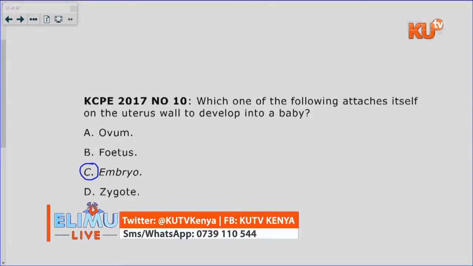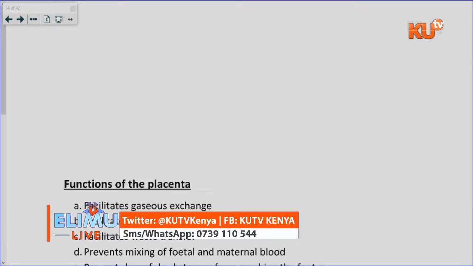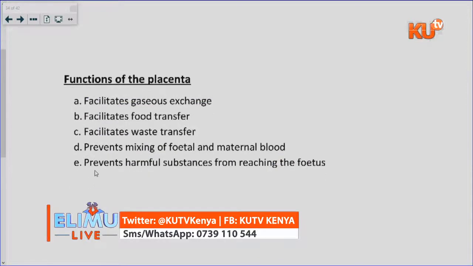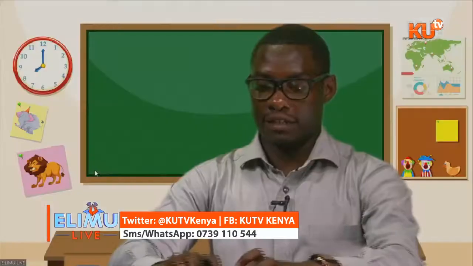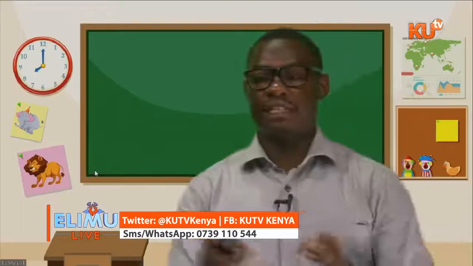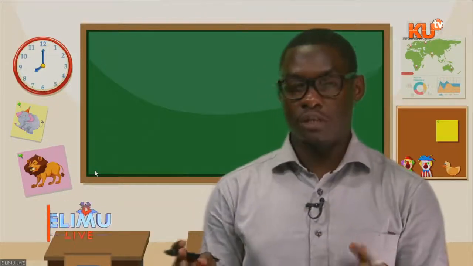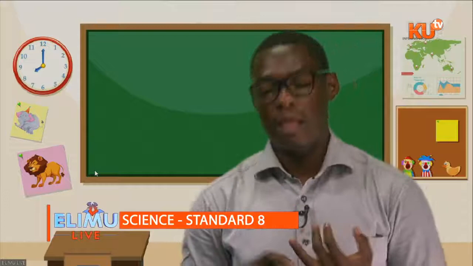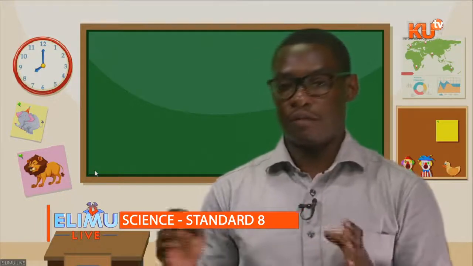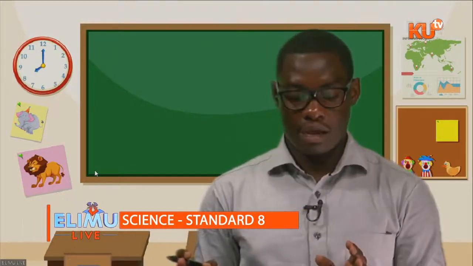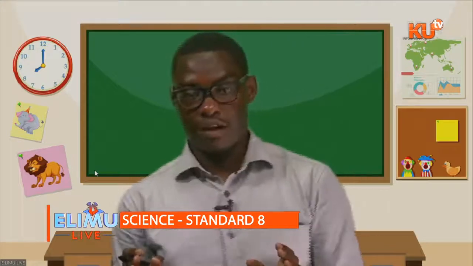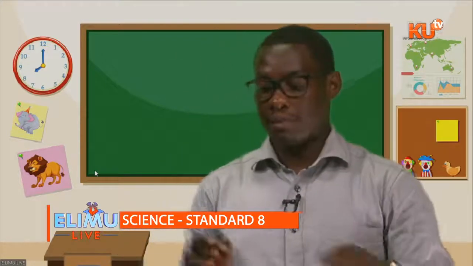So we look at now functions of the placenta, and functions of the placenta are as follows. 1, it facilitates gaseous exchange. Most of its function is facilitation. So it facilitates gaseous exchange, movement of food from the mother to the baby, movement of waste from the baby to the mother.